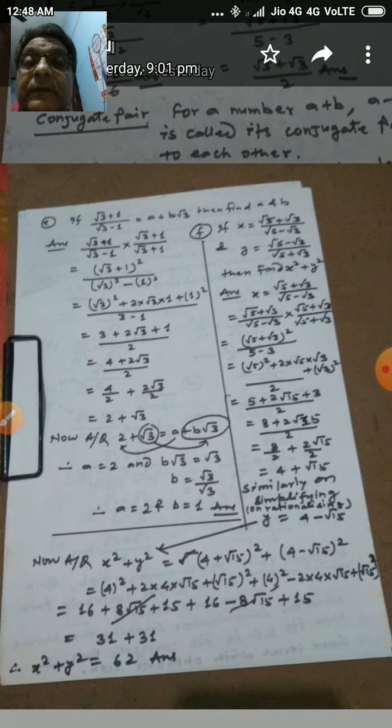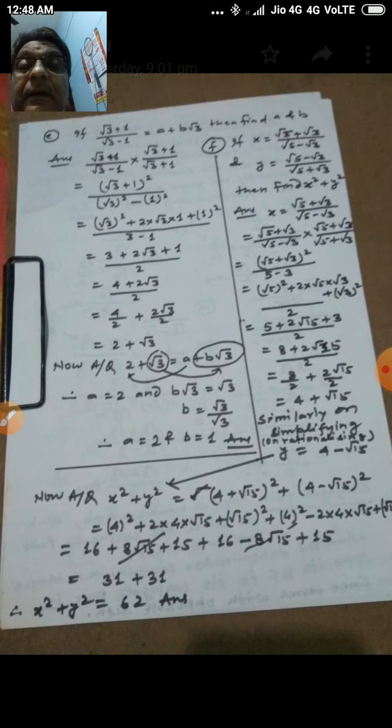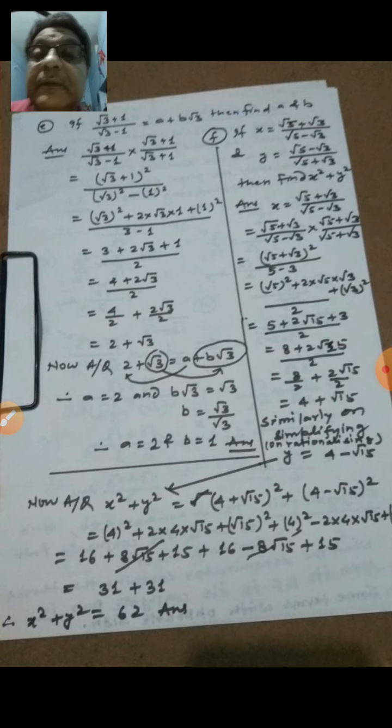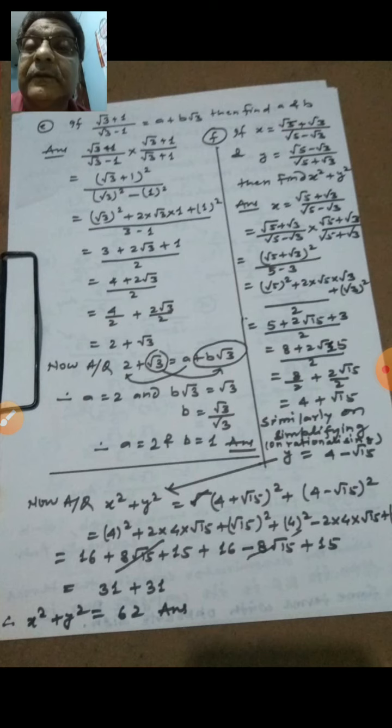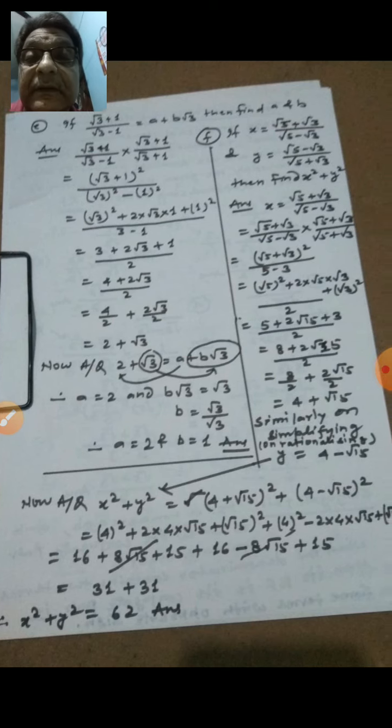So students, now we see on that basis a slightly bigger question. The question is, if root 3 plus 1 by root 3 minus 1 is equal to a plus b root 3, then find the values of a and b. Actually the question is to find a and b, but it is based on rationalization.